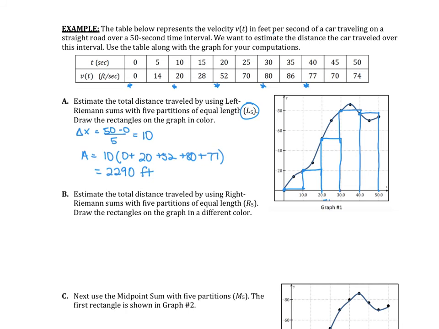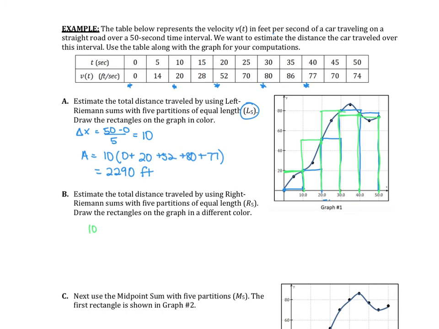All right, hopefully you had a chance to draw these in. I'm going to draw these in green. And there we go. So you can see those in there in green. They're kind of funky in there. Hopefully you can see the difference between those two.